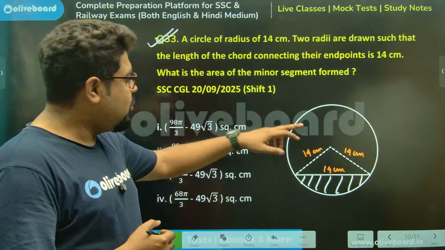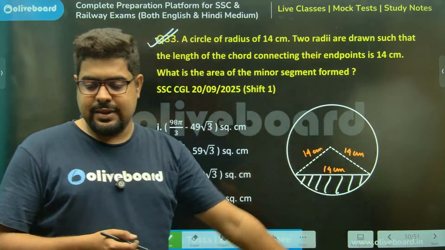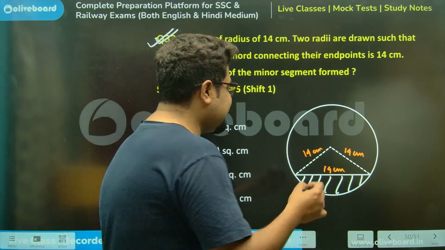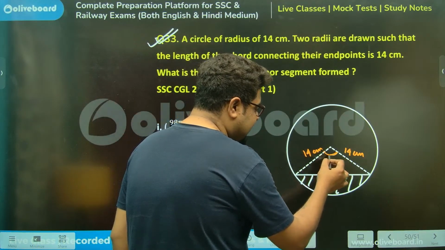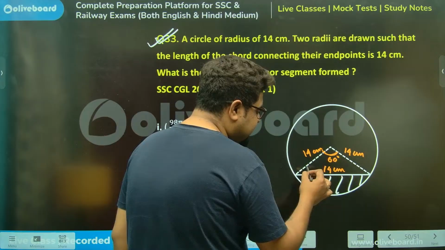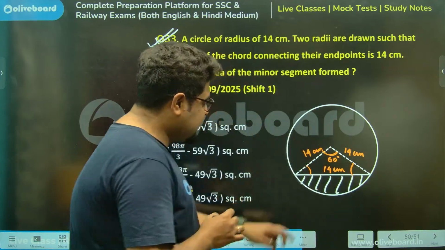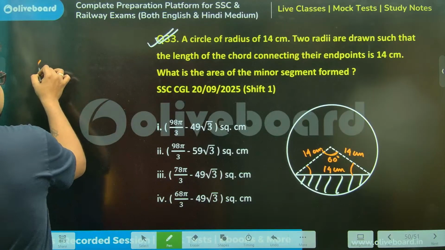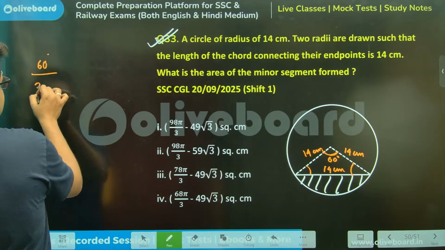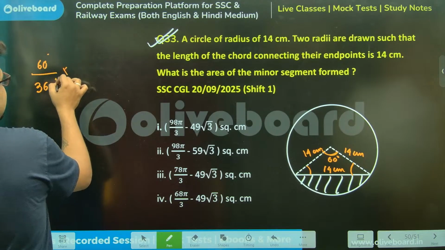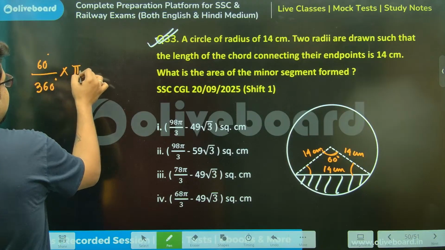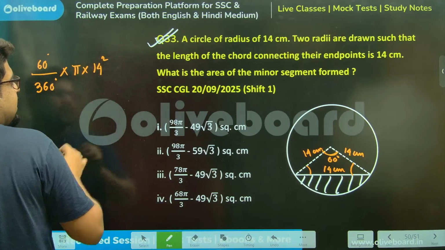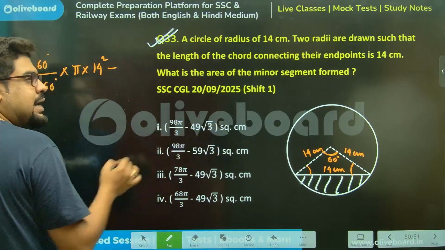So you see, 14, 14, 14. This is what type of a triangle, sir? This is an equilateral triangle having an angle of 60 degrees everywhere. So the arc area, can I say, will be 60 by 360 into pi r square, meaning 14 square, minus the area of the triangle.